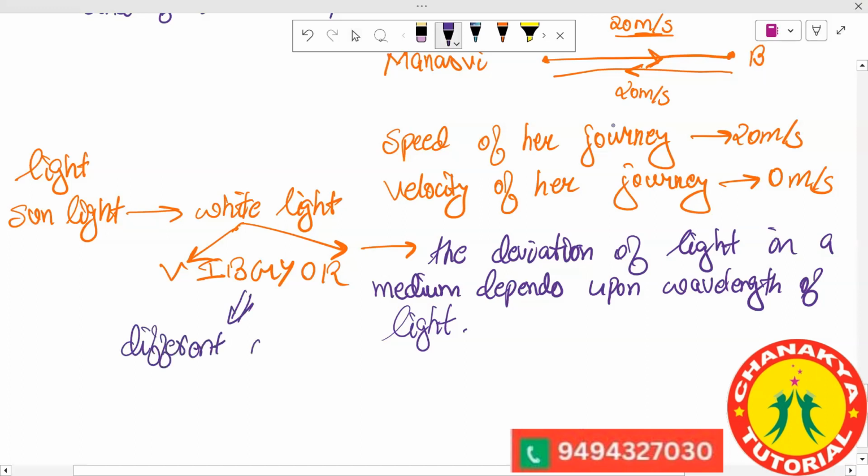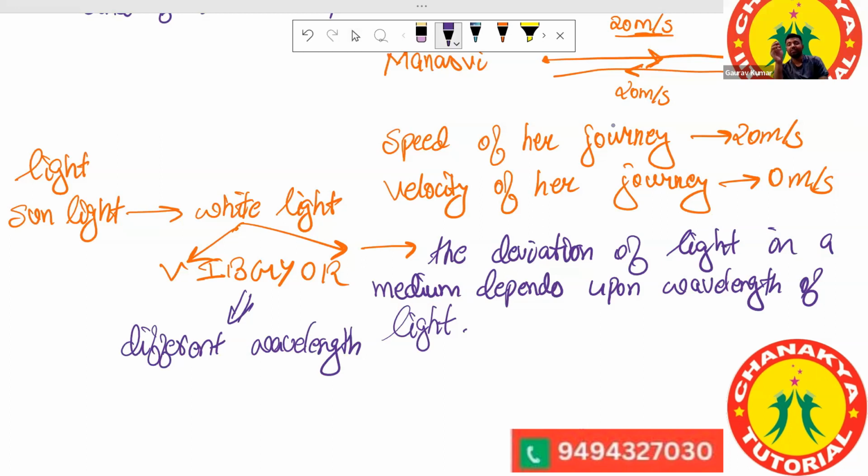Sir, I have a doubt. Yes. In this part itself. Sir, if we saw the Newton's disk in the previous class, when the Newton's disk spins at a great speed, then we can see white light.